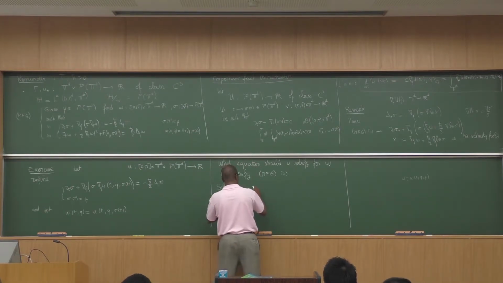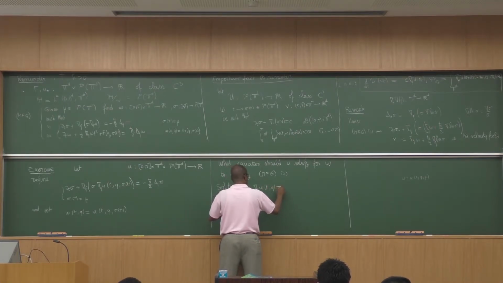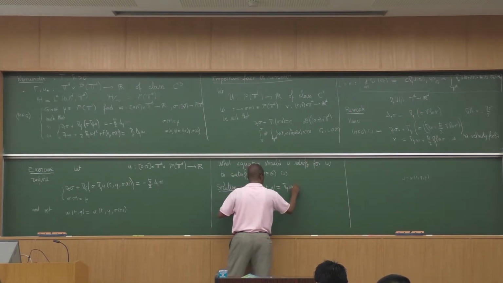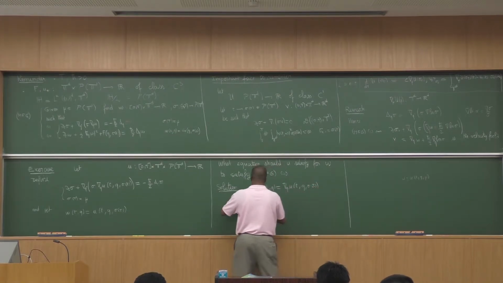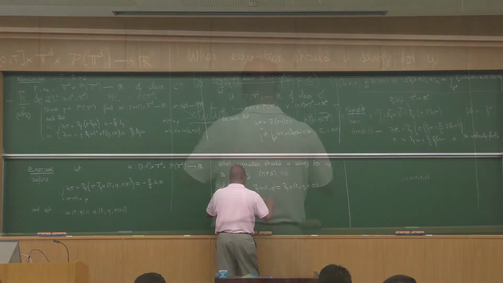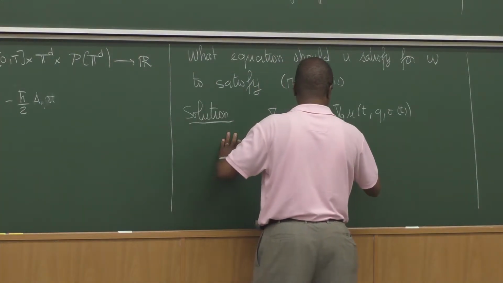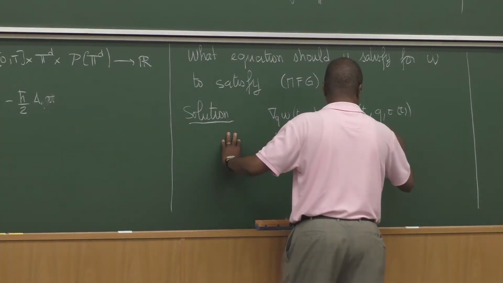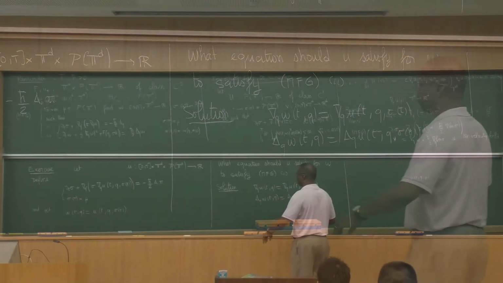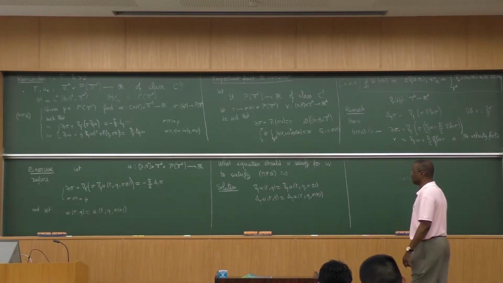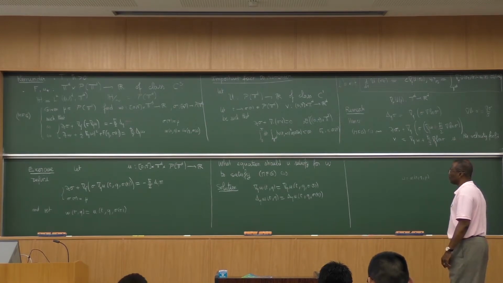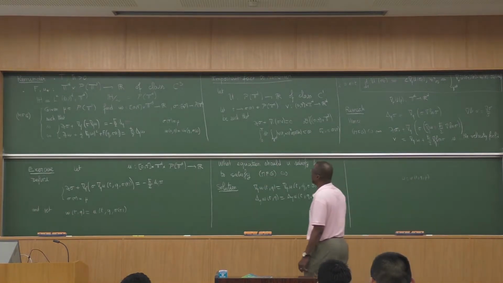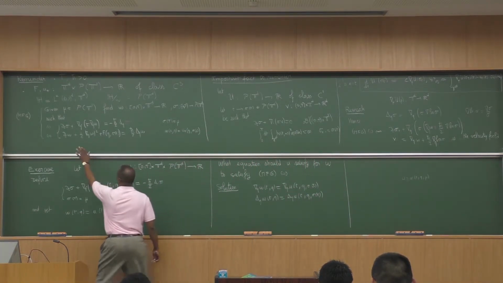Differentiate W with respect to Q. You get the gradient of U at t, q, sigma of t. The Laplacian with respect to Q of W at t, q is the Laplacian with respect to Q of U at t, q, sigma of t. Now, I am going to compute the time derivative.